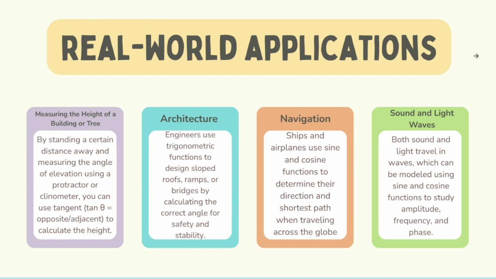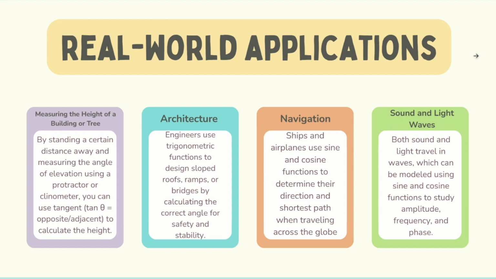So next is architecture. Engineers use trigonometric functions to design sloped roofs, ramps, or bridges by calculating the correct angle for safety and stability. That way, the one who will be living under the house will be safe.